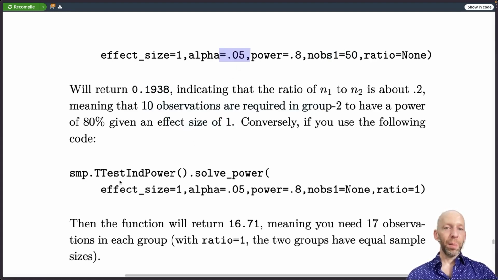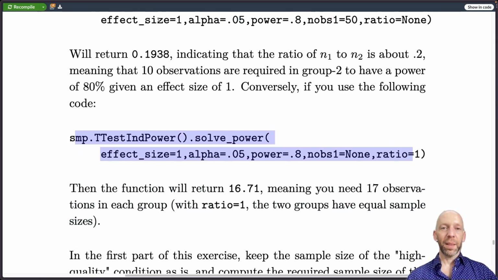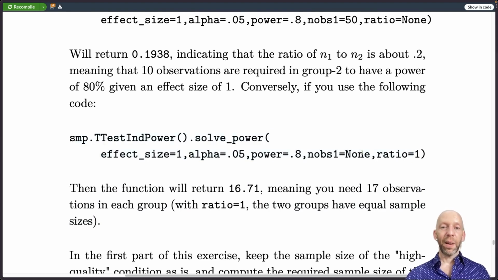Or here's another example. This is exactly the same as this line of code, except that now I've specified the ratio to be 1. Here it was none. And the number of observations in group 1, I set to none here, whereas there I set it to be 50.